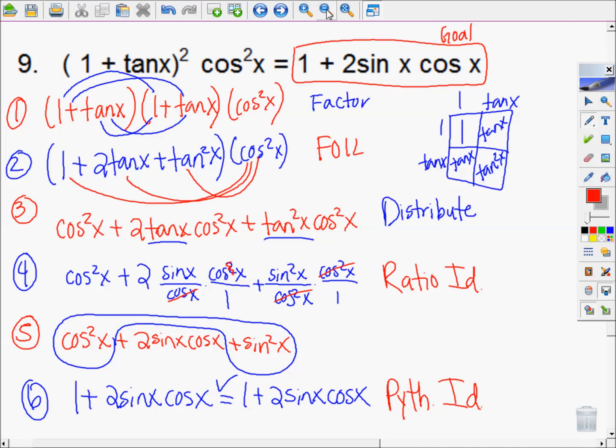I had the middle term, but I had to do something with the outside terms, right? With the outside terms, I could use the Pythagorean identity to know that cosine squared x plus sine squared x is 1. So I proved that 1 plus 2 sine x cosine x equals 1 plus 2 sine x times cosine x by using the Pythagorean identity.